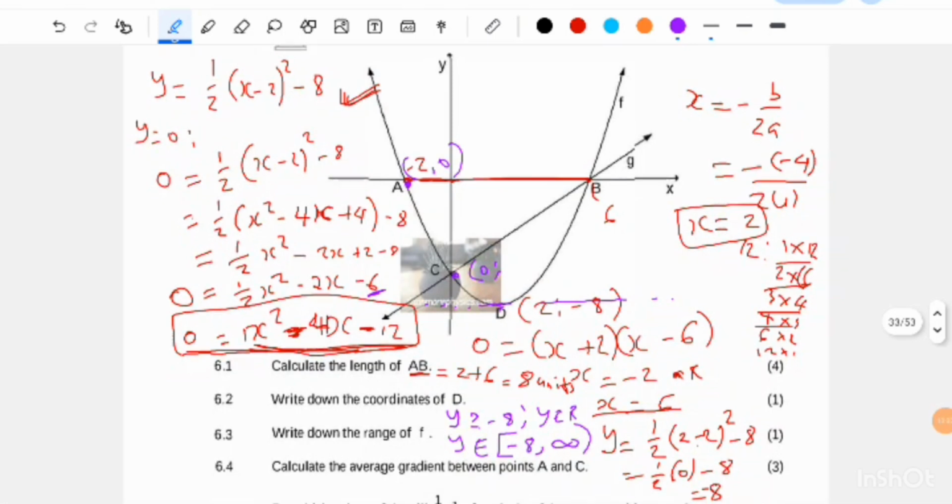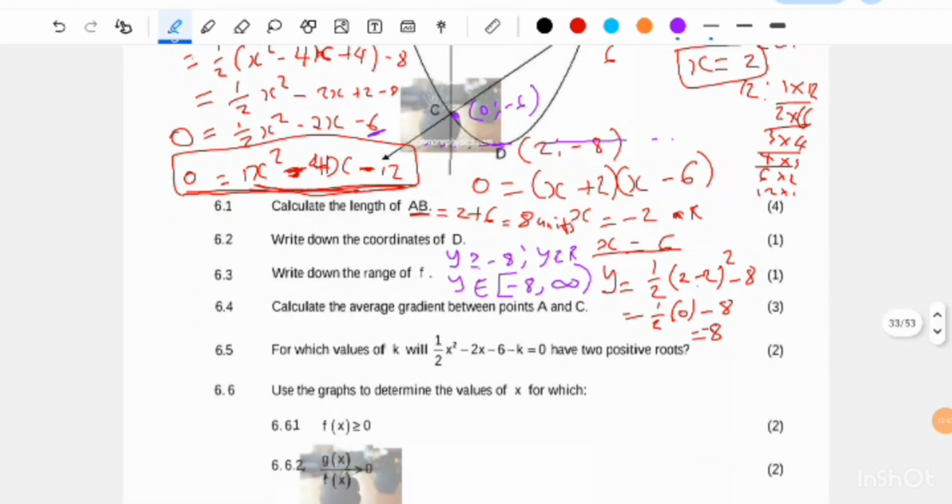So what is the gradient? This question is very easy. You just say your gradient is equal to y2 minus y1 over x2 minus x1. You pick either A or C as your first value, and you pick C as your second value.